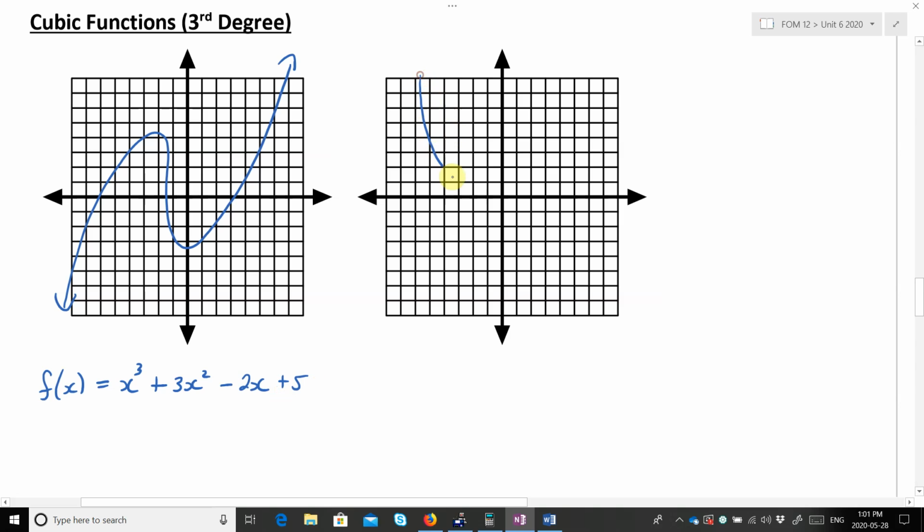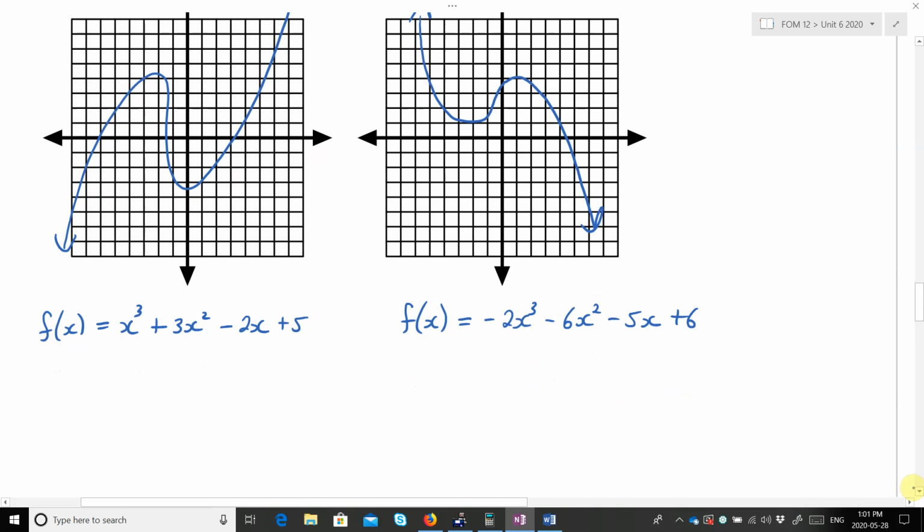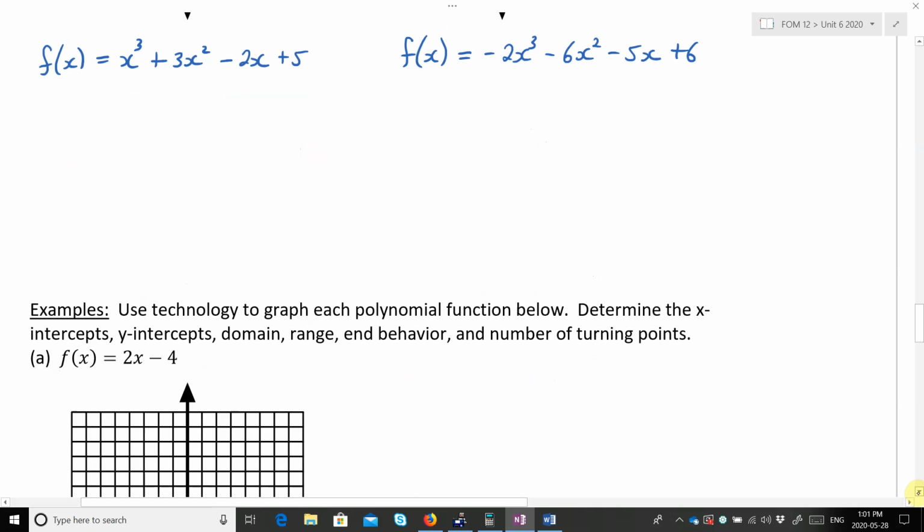Okay, or the graph can be going this way. F of x equals negative 2x cubed minus 6x squared minus 5x plus 6. Okay, and so that's very roughly what cubic functions look like.